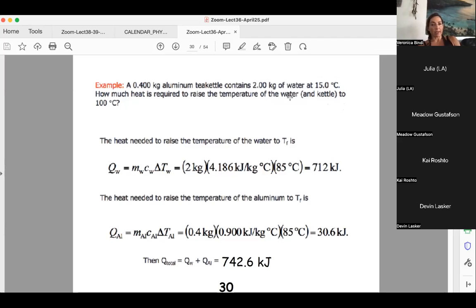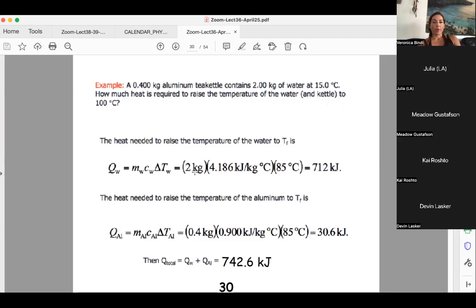So you cannot just calculate only the one of the water. So when you are here, you have that the heat needed to raise the temperature of the water to T final is Q of the water is mass of the water, specific heat of water, delta T of water.